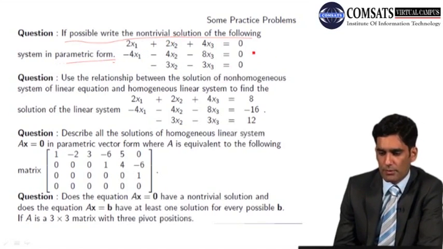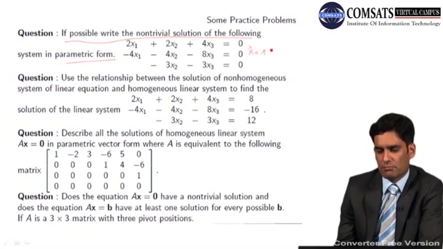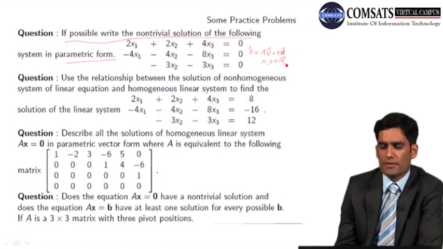Let's say s, free variable, I don't know, you have to solve it and check whether there is only one solution 0 0 0 which is the trivial solution or a non-trivial solution. अगर non-trivial solution होगा तो उसको पैरामीट्रिक फॉर्म में लिखनी है. पैरामीट्रिक फॉर्म क्या होती है? s into v plus t into some other vector u. और s और t जो हैं ये रियल नंबर्स हैं and v and u are the vectors.